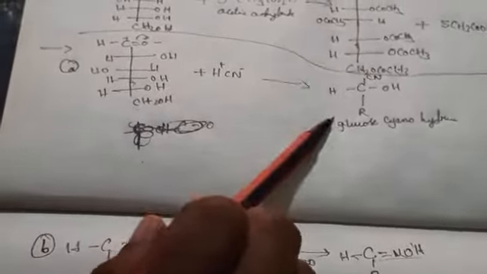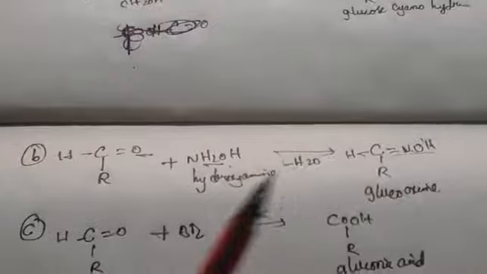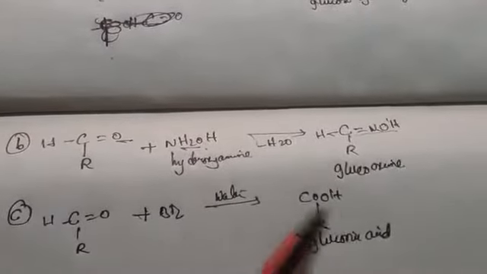When you observe these three reactions, glucose treated with HCN, with hydroxylamine, and with Br2 water, they all take place at the aldehyde group. It gives cyanohydrin, glucose oxime, and gluconic acid.